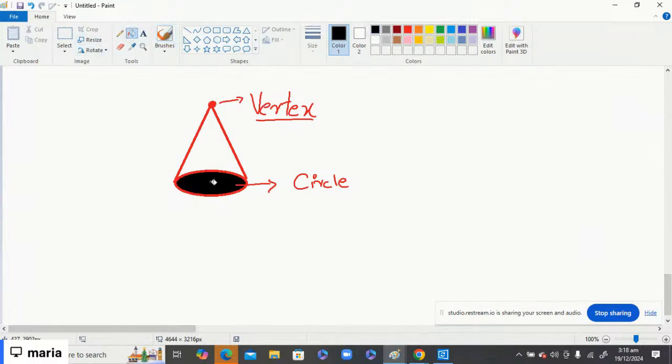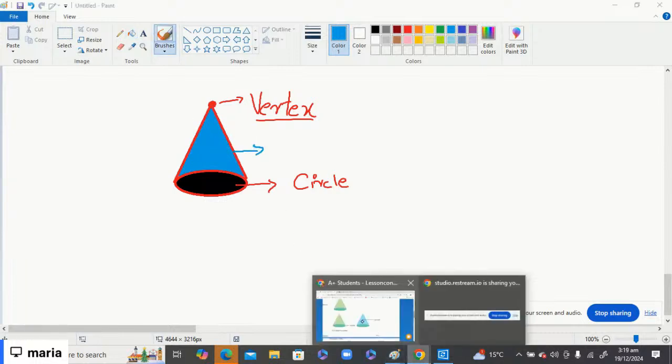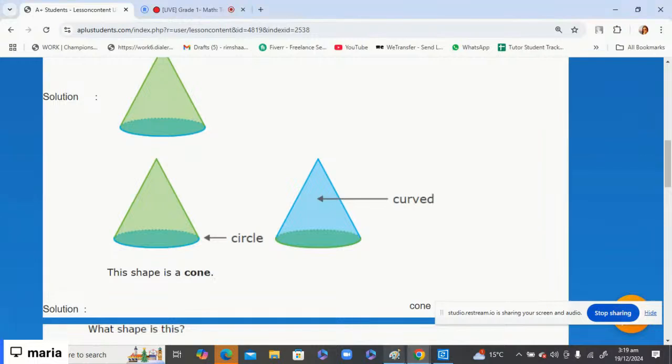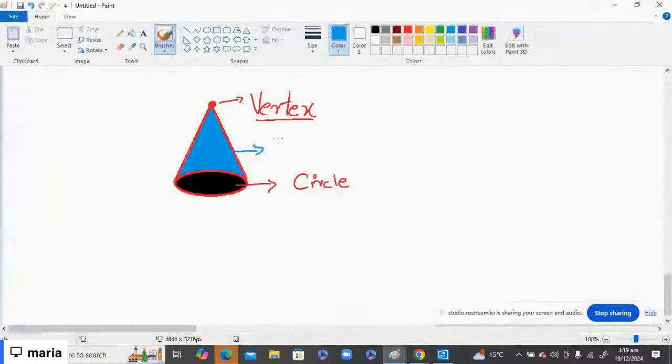Now the next part of this is the curved part. Here is the curved part. So these are the things that make this shape a cone.